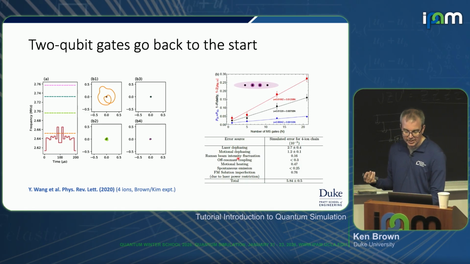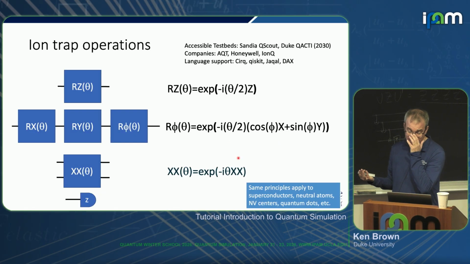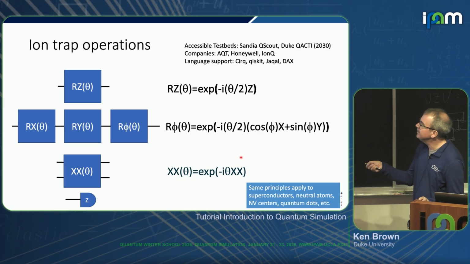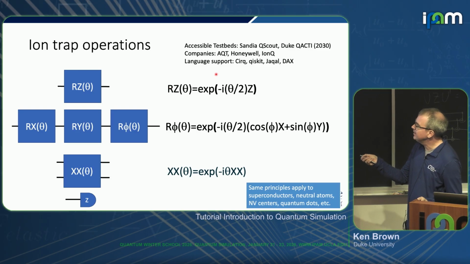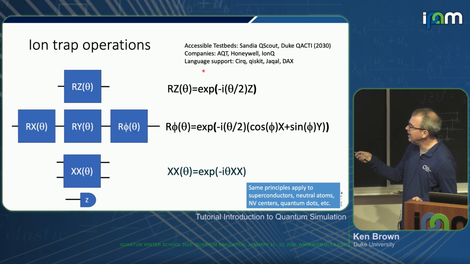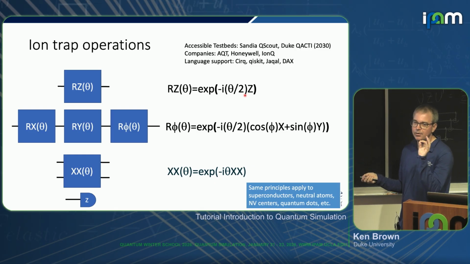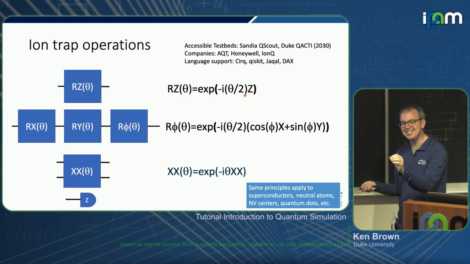For most ion trap quantum computers, the gate set is basically these Z angles. These are basically perfect because they only depend on how good your clock is. And we have very good clocks. I think atomic clocks are probably the most precise thing human beings have ever built.